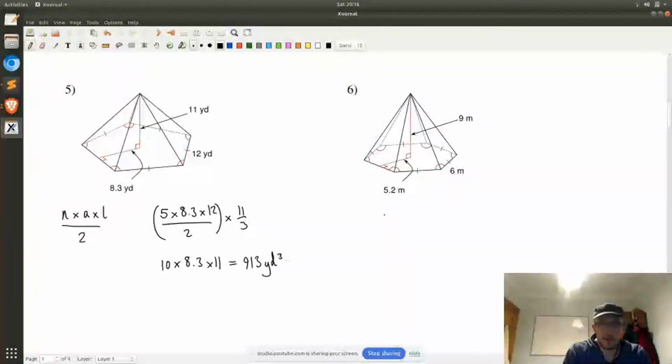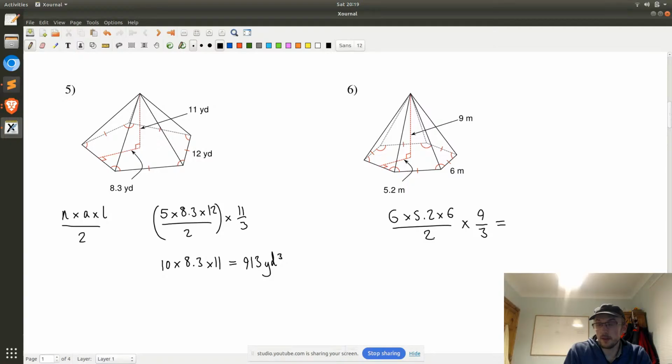Here, well, it's a regular hexagon, it appears. So 6 times 5.2 times 6. Divide all that by 2. Multiply it by the height, and then divide the final result by 3. So this 9/3 just turns into regular 3.